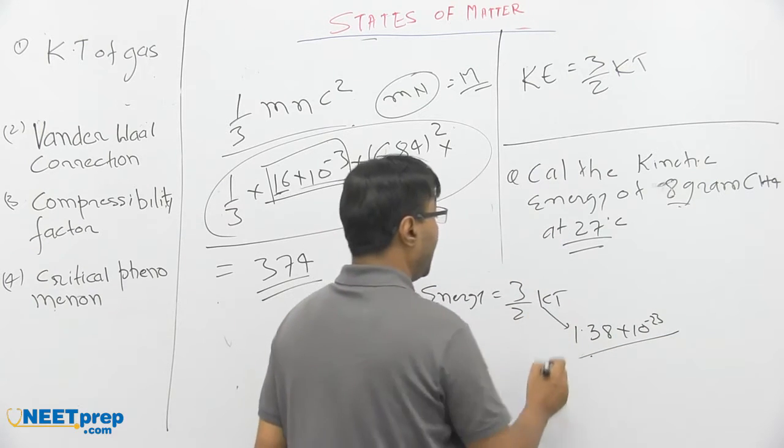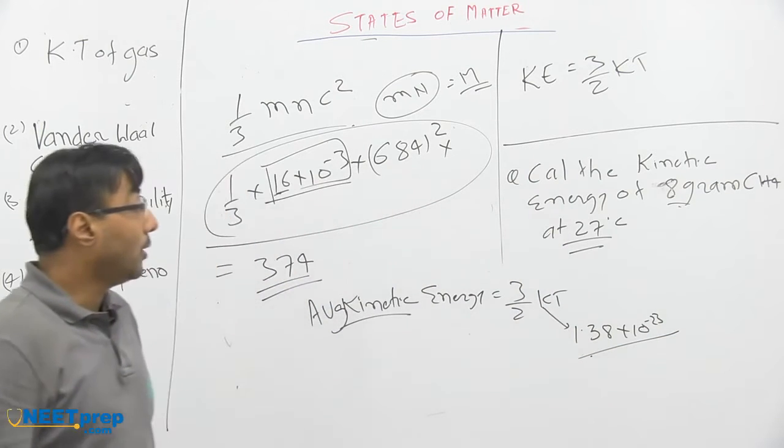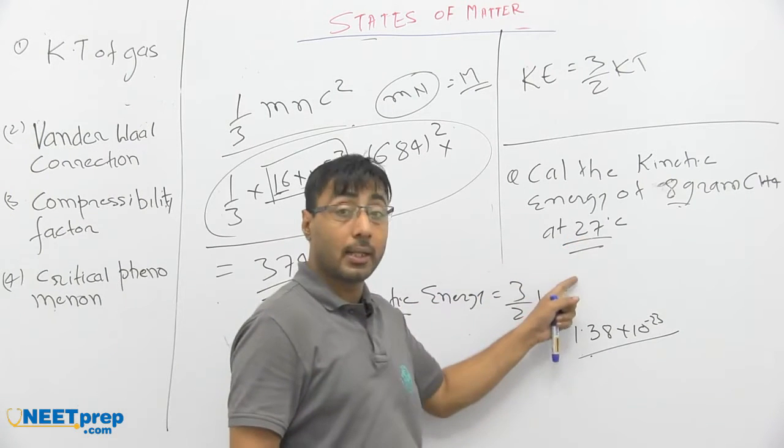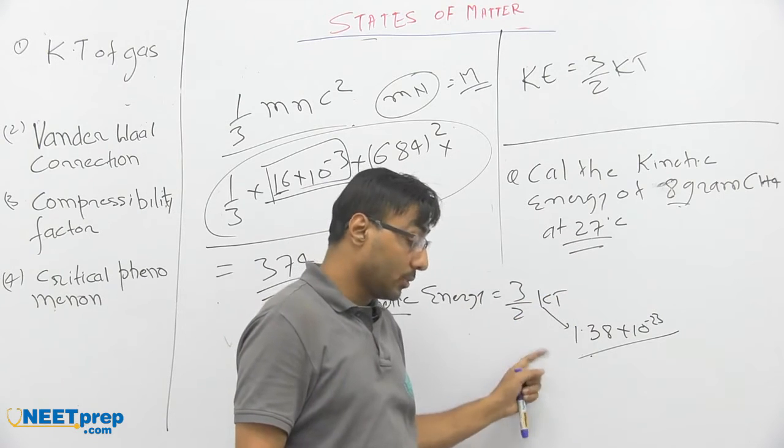This is the value of k in SI unit, and we can put the value of T. T is given as 300 Kelvin, and by putting all these things we can get the answer.